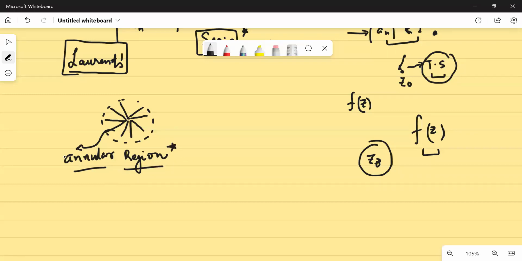Such things would require you an annular region. Okay, annular region means a region between two discs or between two circles. So this is an annular region. Till now, the power series representation that I was doing was of this form.